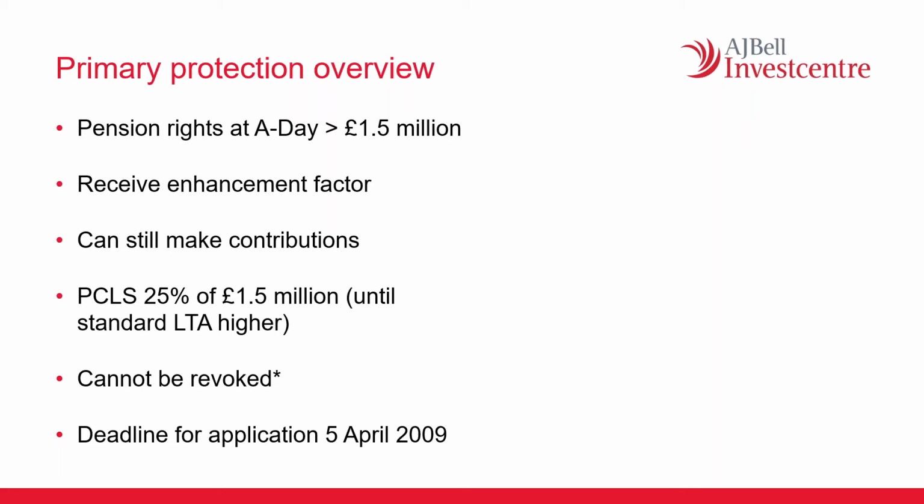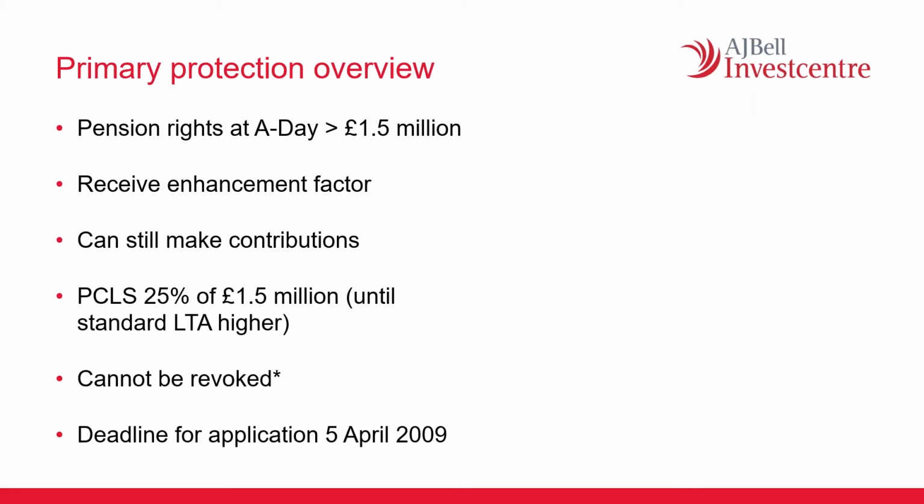In terms of your pension commencement lump sum, at outset it was just a straightforward 25% of 1.5 million. And it did go up every year when the lifetime allowance was going up. So you would have a pension commencement lump sum maximum of 25% of whatever the standard lifetime allowance was.